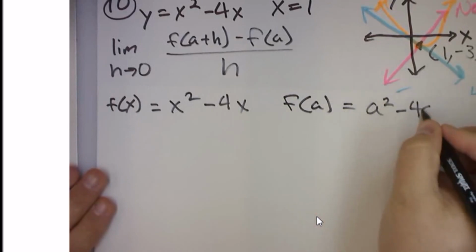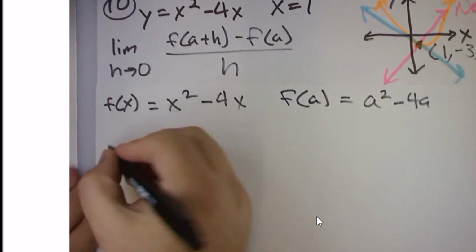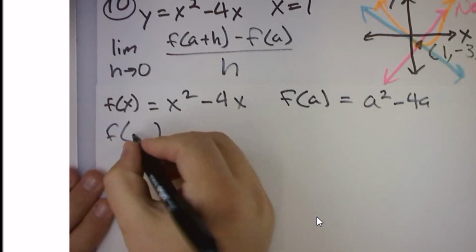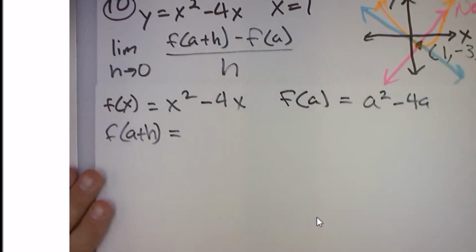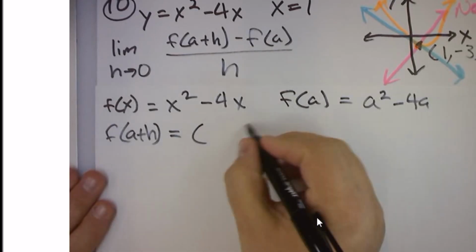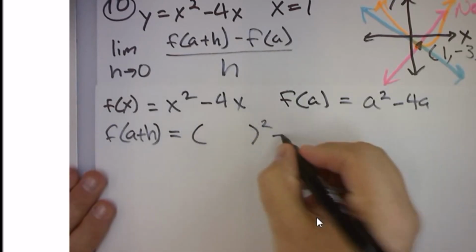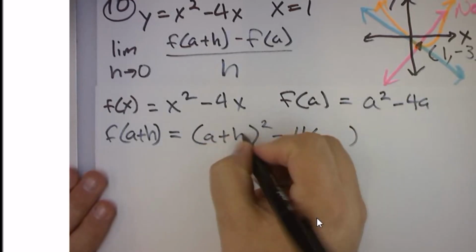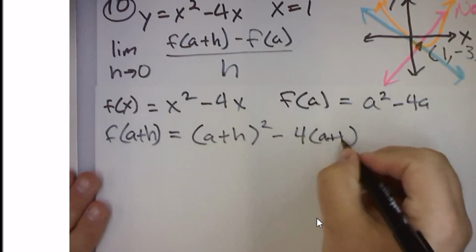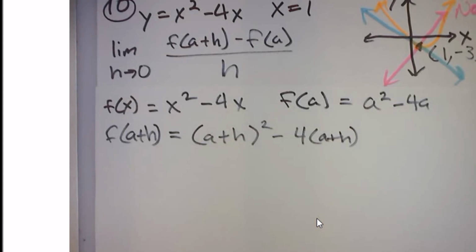But now here's the question that's a little more challenging: how do I write f of a plus h? Well, wherever there's an x, I've got to plug in a plus h. Do you see how I did that? Does that make sense to you guys? Yep.